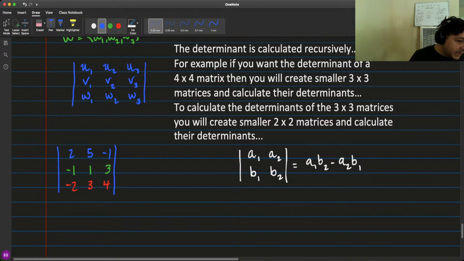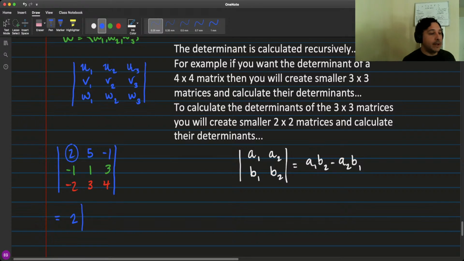So we want the determinant of this. The way this works is you start with this number right here, 2.